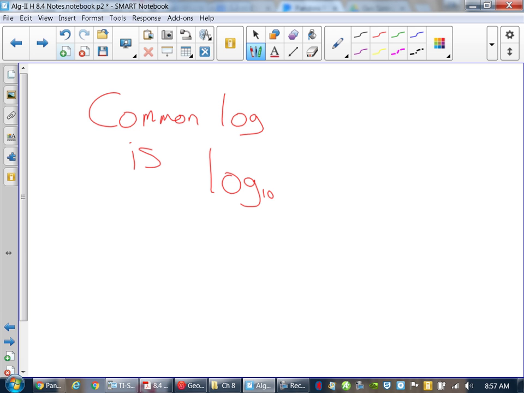Back in my day, if I had to do log base 3 divided by log base 7, I couldn't do that. I had to do some conversions. Nowadays, you can just press buttons on your calculator. So this is common log, they're one and the same. Okay?